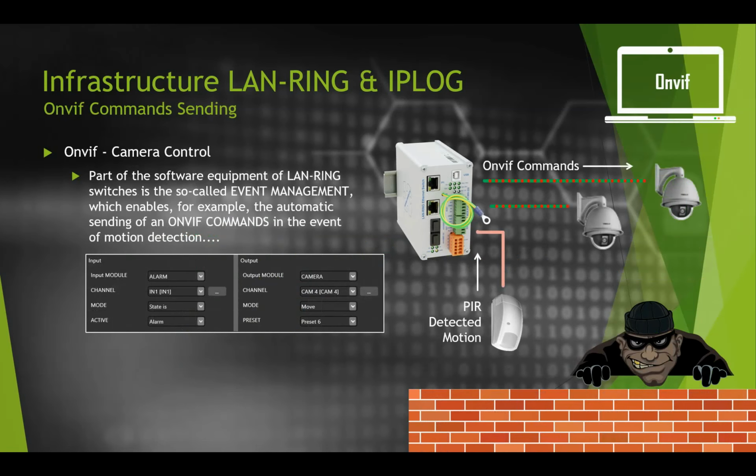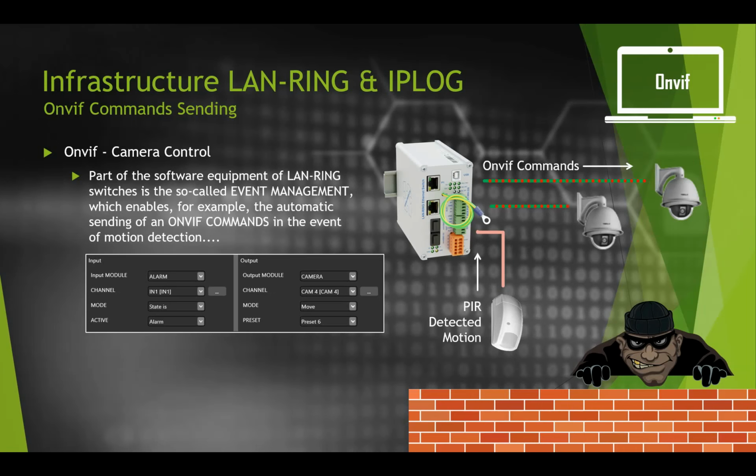The ONVIF protocol facilitates the integration of various devices in IP-CCTV, increasing the efficiency and security of the network. Before its expansion, interoperability between manufacturers was a big problem in particular. Basically, each manufacturer used their own proprietary protocol to control the cameras.